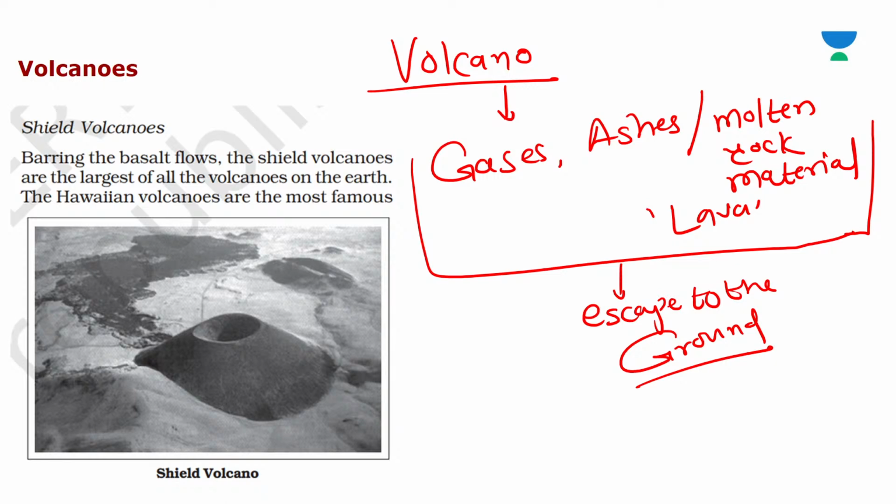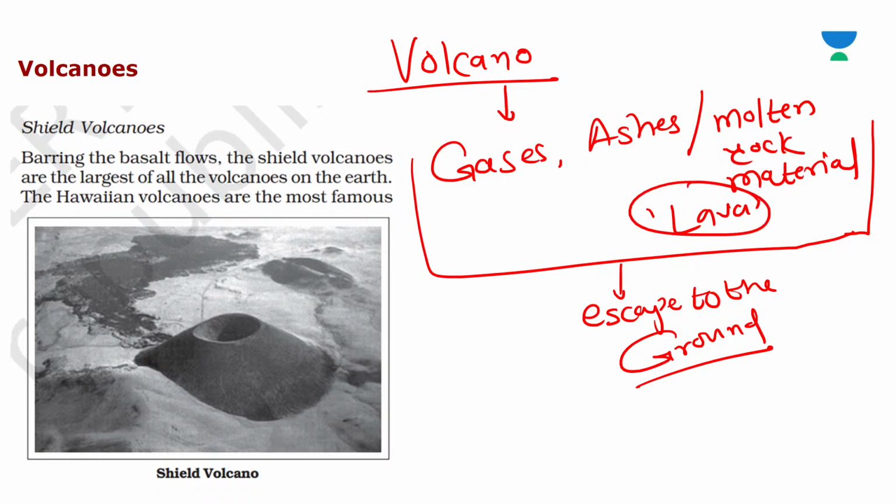The material in the upper mantle portion is called magma. Once it starts moving towards the crust or it reaches the surface, it is referred to as lava.